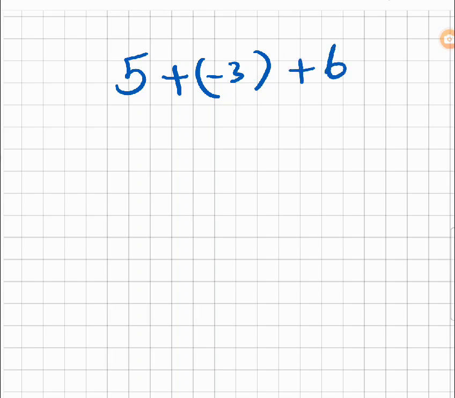Sometimes you may need to add 3 numbers as opposed to 2 numbers. So what is 5 plus negative 3 plus 6? 5 plus negative 3, that's equal to positive 2. If you have a number line and if you start with 5, you need to travel 3 units to the left. So going this way, that's going to take you to positive 2.